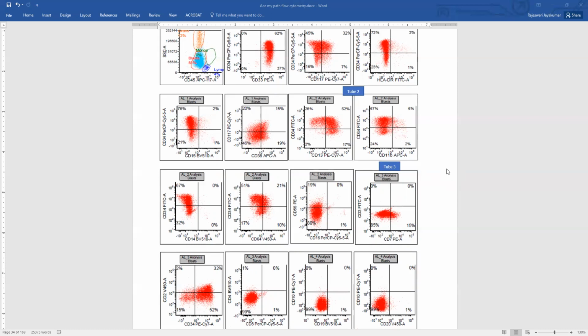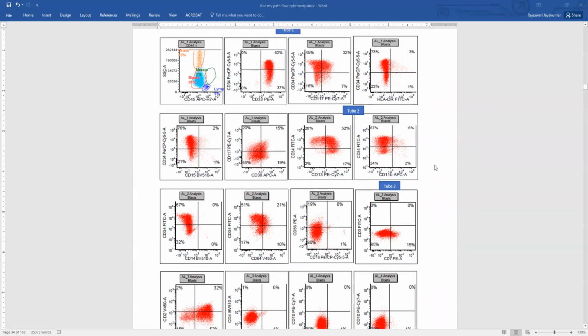And you cannot call that by flow. You have to say acute myeloid leukemia, suspicious for acute promyelocytic leukemia, and alert your clinician and rush your FISH studies. And once the FISH studies arrive, you can put your final diagnosis as acute promyelocytic leukemia.